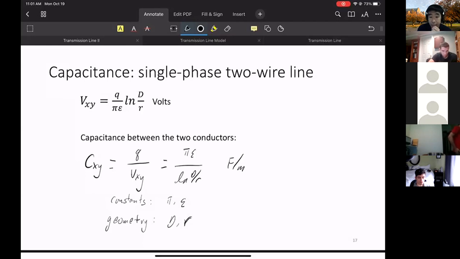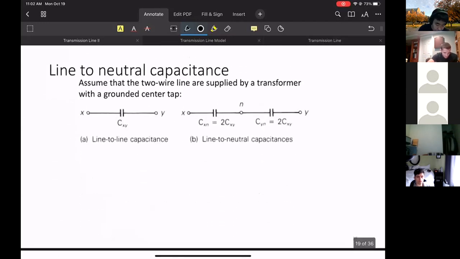The only thing we need to be a little bit careful about is that often there is a neutral between the lines. For example, you can have a neutral tap, a grounded center tap within the line, with a transformer.